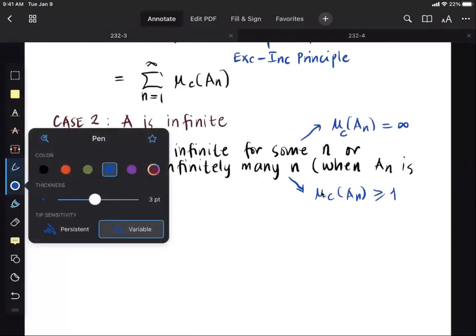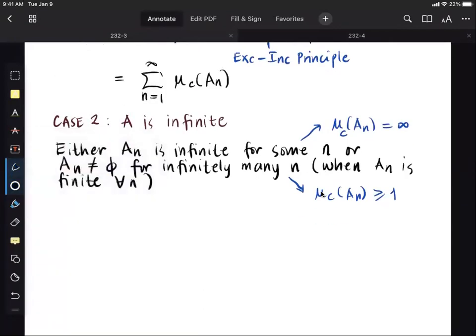So in either case, we would have the counting measure of A, from this case, this is infinity. Take note that in the first case, if one of the terms in this series is already infinite, then the series would diverge. So this infinite sum here would also be infinity.